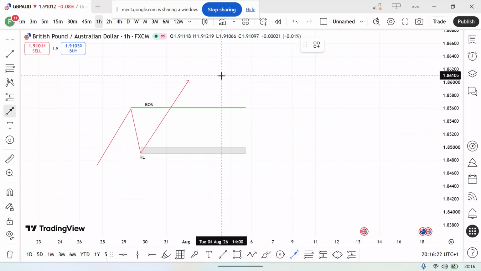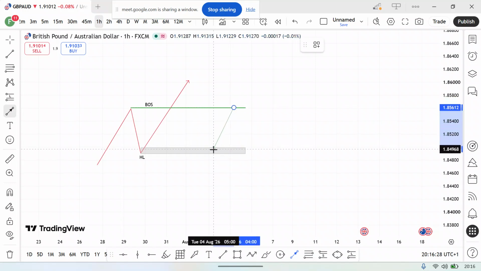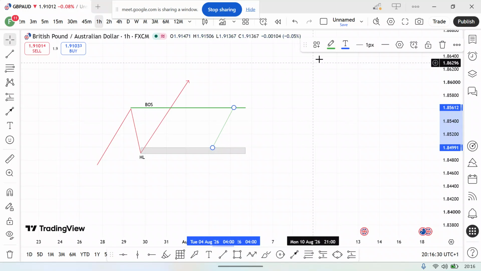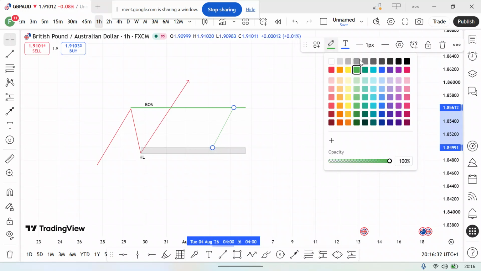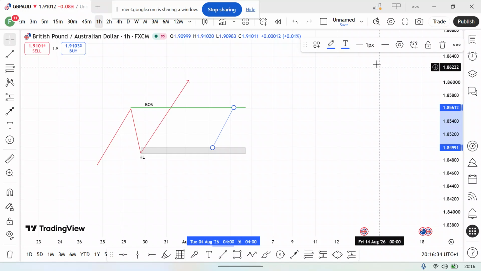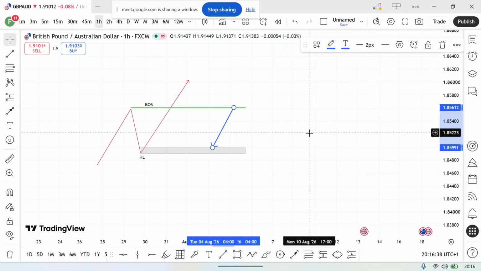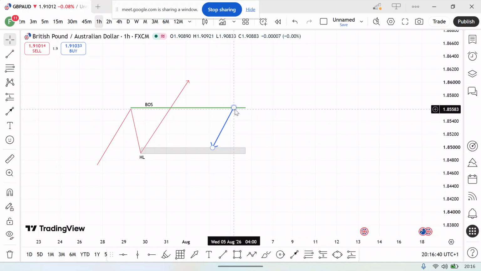You are waiting for price to come back anywhere between this green line and this hash box.